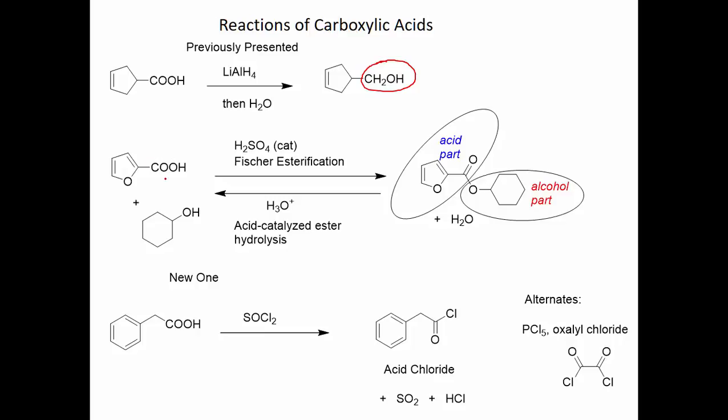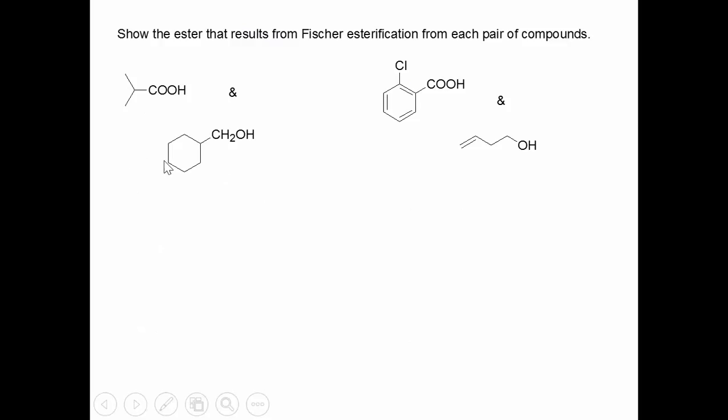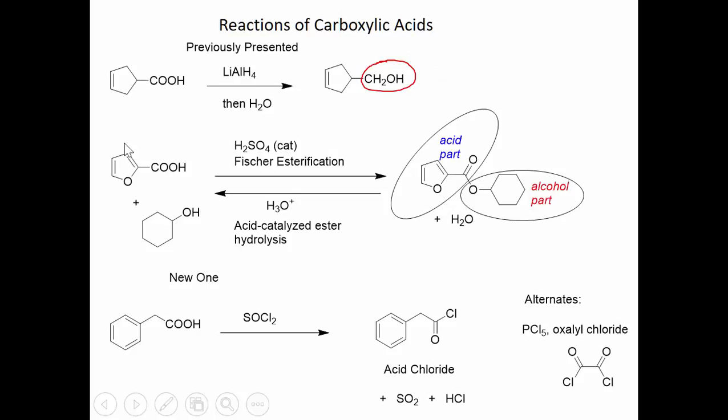We introduced this reaction in the alcohol chapter, and this is the Fischer esterification. If we take a carboxylic acid, like furan carboxylic acid here, and an alcohol like cyclohexyl alcohol, a little sulfuric acid, we're going to generate an ester, okay?